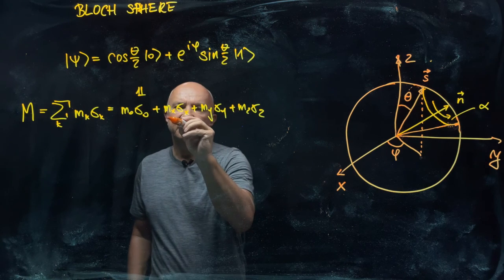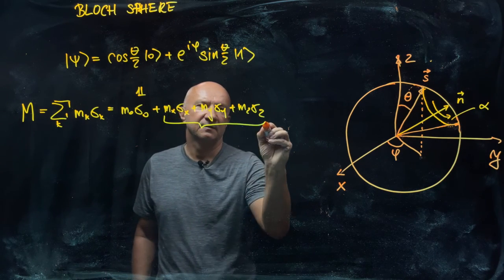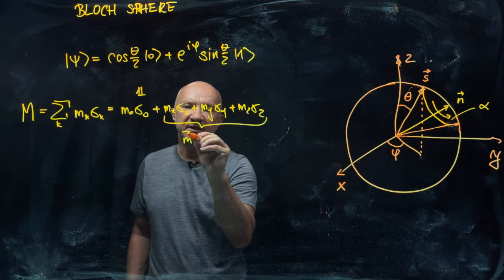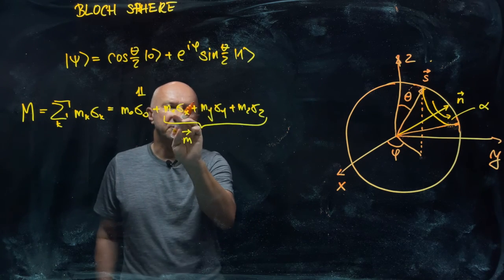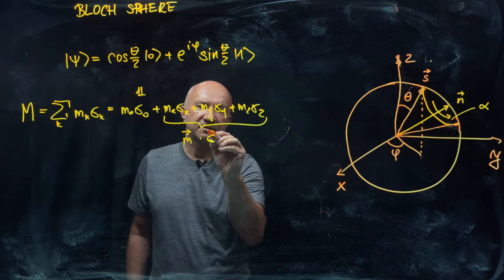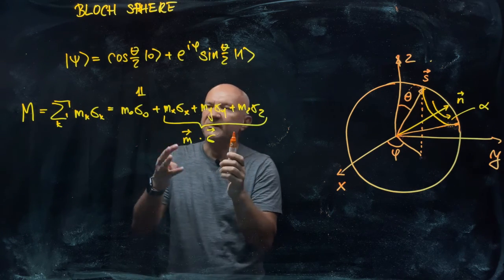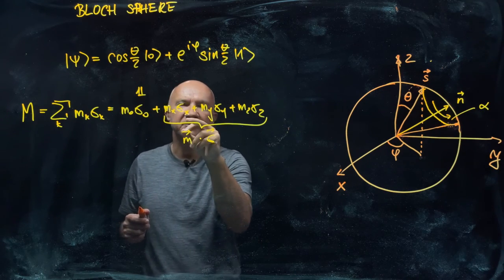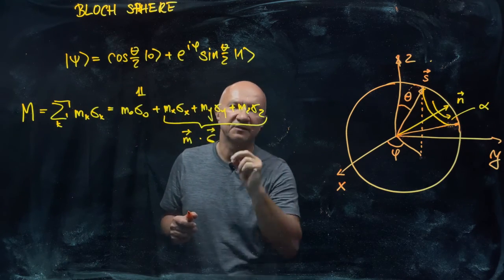The physicists like to write this part as a kind of scalar product of a vector m with components mx, my, mz, and sigma, where the vector sigma has matrix components sigma x, sigma y, and sigma z.